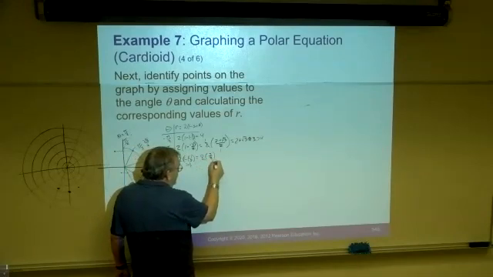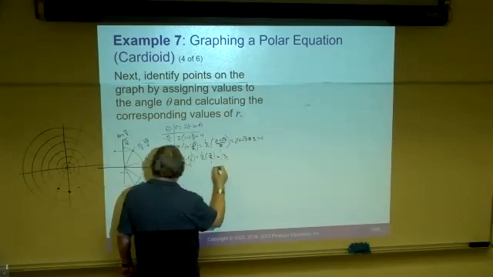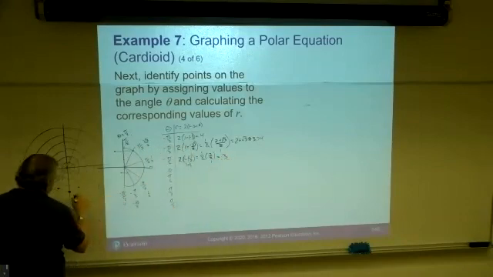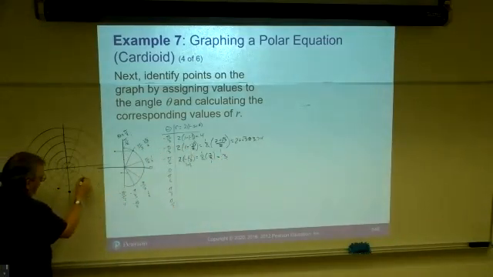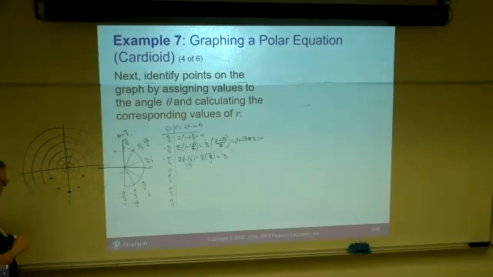And then the 2's go to 1, and so that just gives me a 3. So at negative pi over 6, we're at 1, 2, 3, and its image across that vertical line is over here.